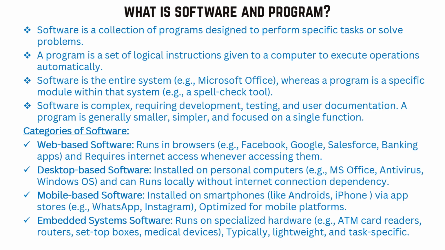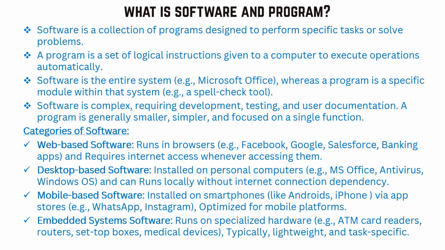Software is the entire system. Suppose you are working in Microsoft Office; in Microsoft Office there might be Microsoft Excel, Word document, Microsoft Outlook, all this will be there, and it is the complete entire system. Whereas a program is nothing but a specific module within the system. Like there are different tools like a spell checker or other tools to deal with the different Microsoft Office systems. So these small components are the programs. The entire component together is the software.